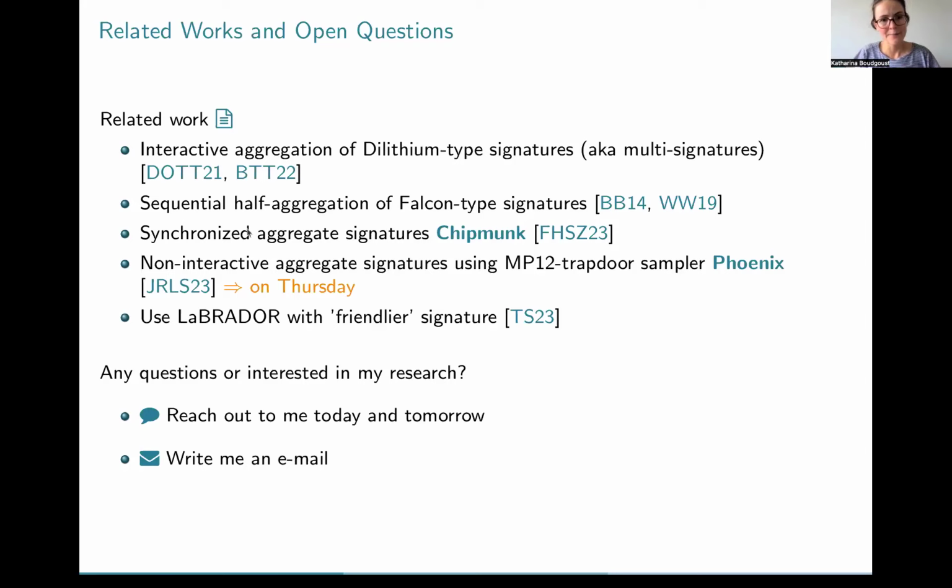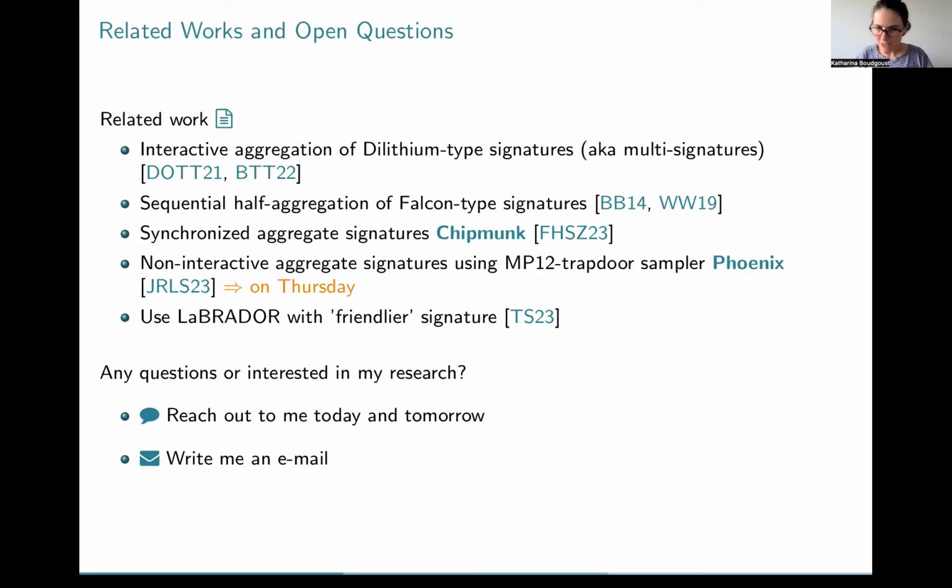And the other two papers I already mentioned are the synchronized aggregate signature of Chipmunk and the non-interactive aggregate signature using the Micciancio-Peikert trapdoor sampler, which is going to be presented on Thursday. And one recent ePrint update, I have to say, had one idea that might be interesting, and I can understand where this comes from: you might not want to start with Falcon.